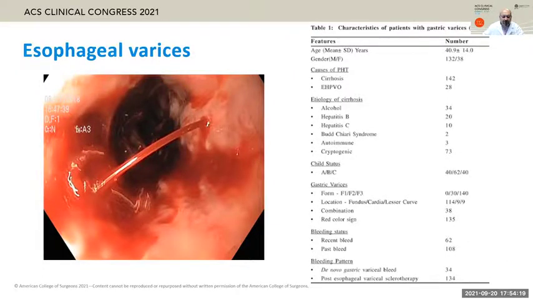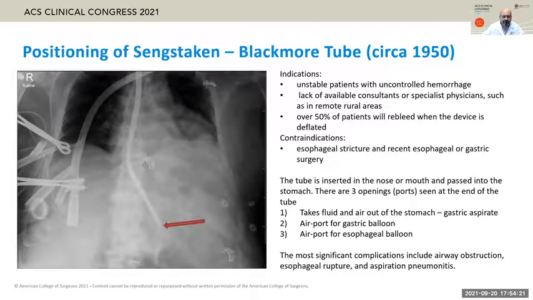And bleeding is recurrent. So if you have to place a Blakemore tube, the indications are pretty straightforward from the presentation. It's almost as if, when you think about it, you should consider placing this SB tube in your patient. This device has been around since the 1950s.